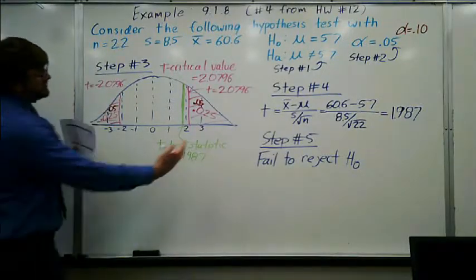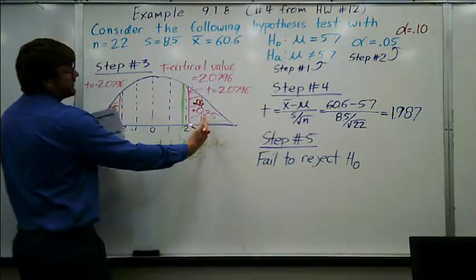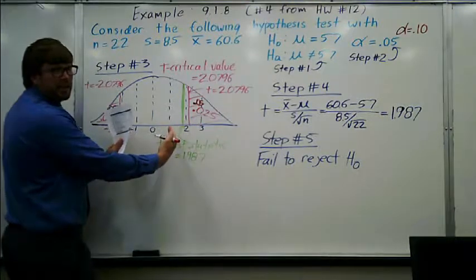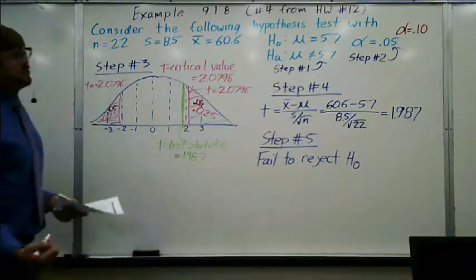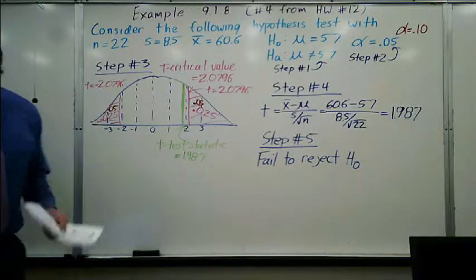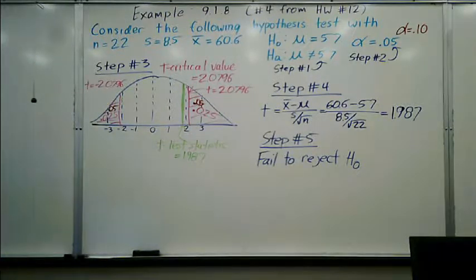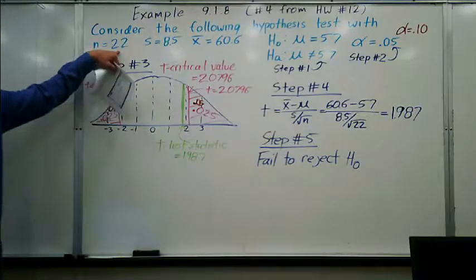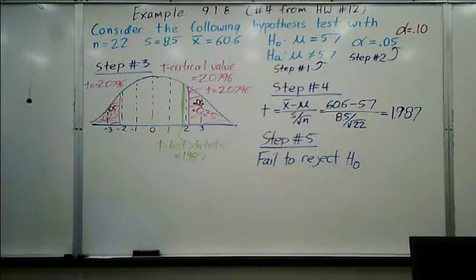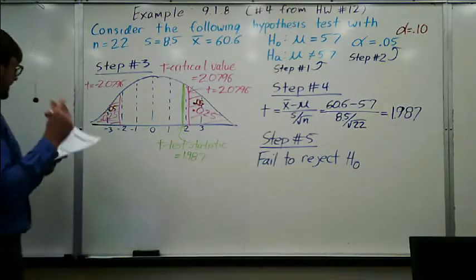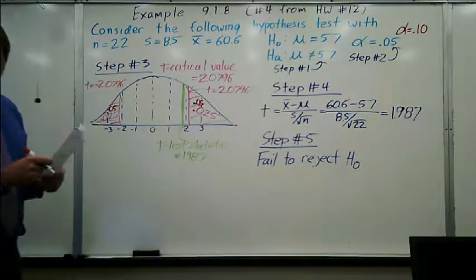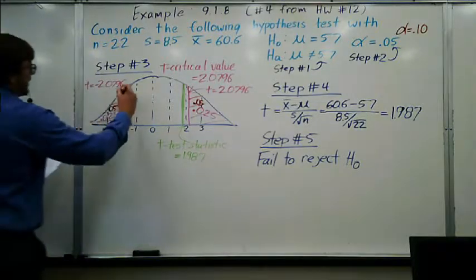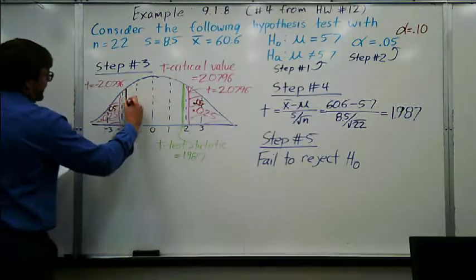So of course that means if there's more area in the tails, our critical value is going to move in. And you can just look up from your t-distribution, confidence level for 2 tails, 0.1, you go down to sample size 22, so 21 degrees of freedom, and you end up with t critical values of 1.72.